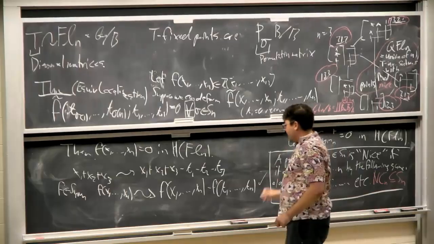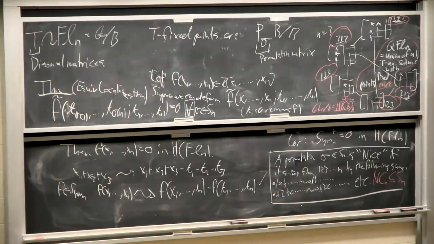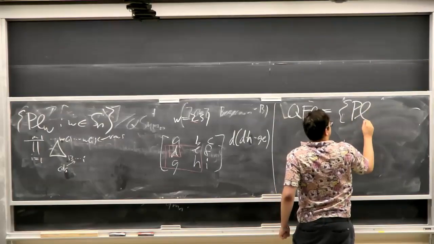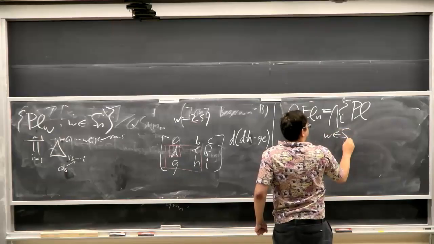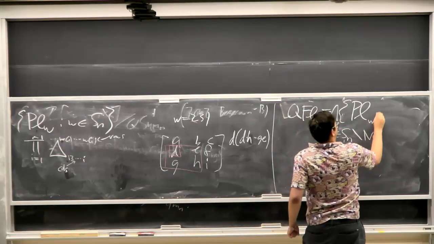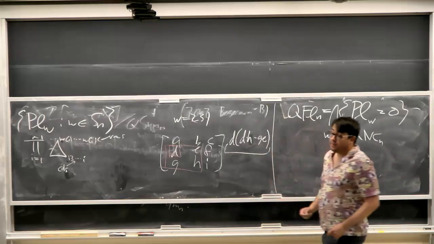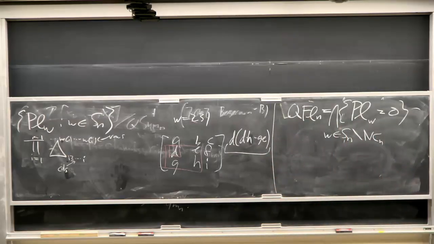So we're going to define Q_FLM as the vanishing locus for all not nice permutations of this Plücker coordinate being 0. In this case, there's only one not nice permutation, so I only have to set this subdeterminant to 0. And I just have to see what survives after saying the subdeterminant is 0.